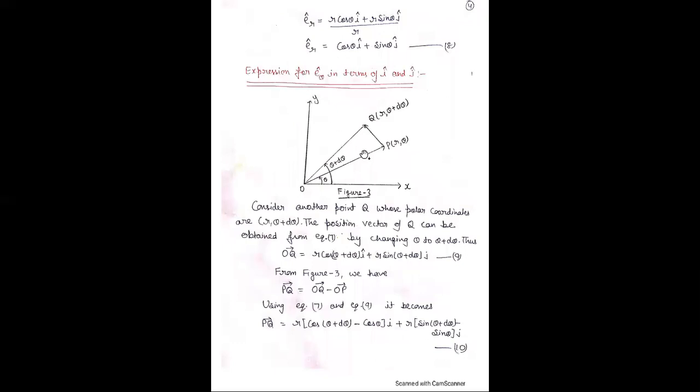The vector PQ points in the direction of increasing theta. Increasing theta means it represents the unit vector of angle theta. The magnitude of PQ is the square root of r square sin square theta d theta square plus r square cos square theta d theta square.